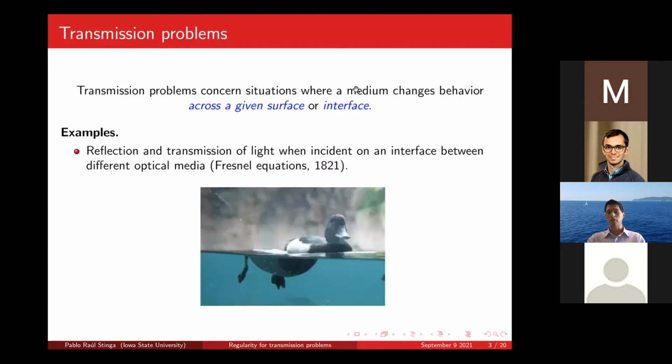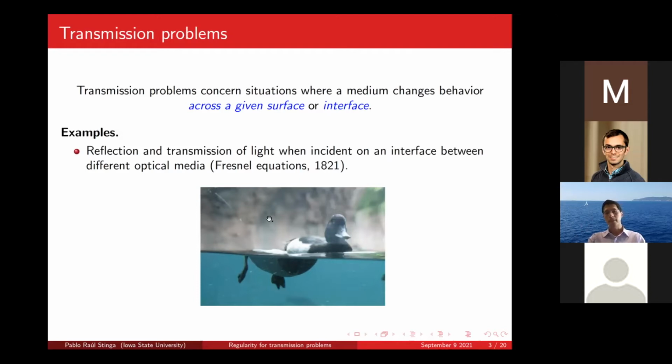Here's a picture of a duck. The light in the air changes direction when it goes through the surface of water. So you see that the duck is split into two, and this is the diffraction.